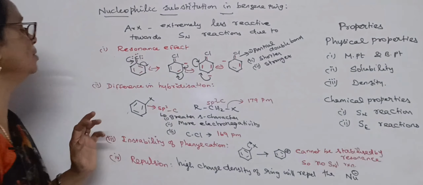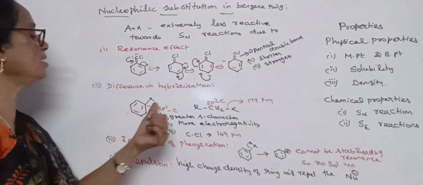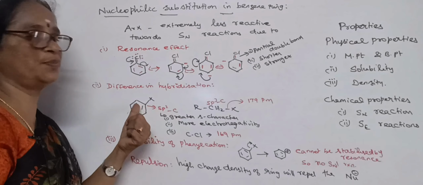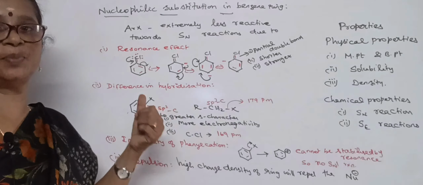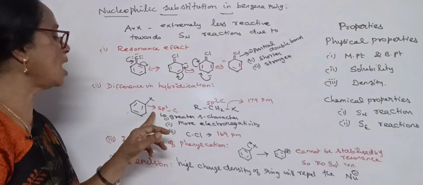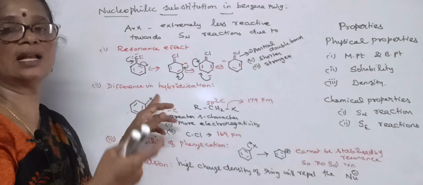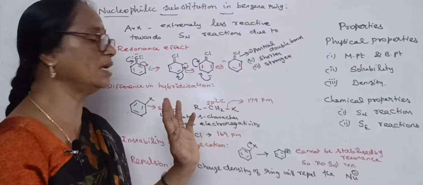The second possible reason is the difference in hybridization. In haloarene, the halogen is attached to an sp2 carbon, but in haloalkane, the halogen is attached to an sp3 carbon. Comparing the hybridization, the sp2 carbon has more s character, and hence its electronegativity is also greater compared to sp3.